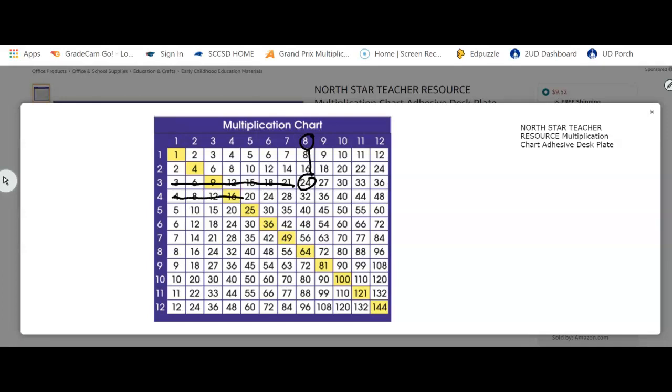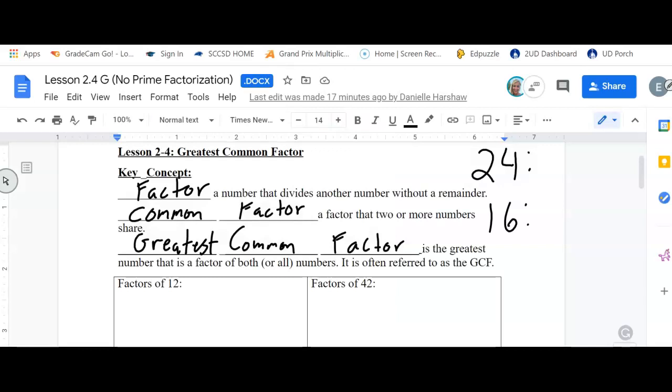I go across. 24 and 6. So that's 1, 24, 2, 12, 3, 8, 4, and 6.